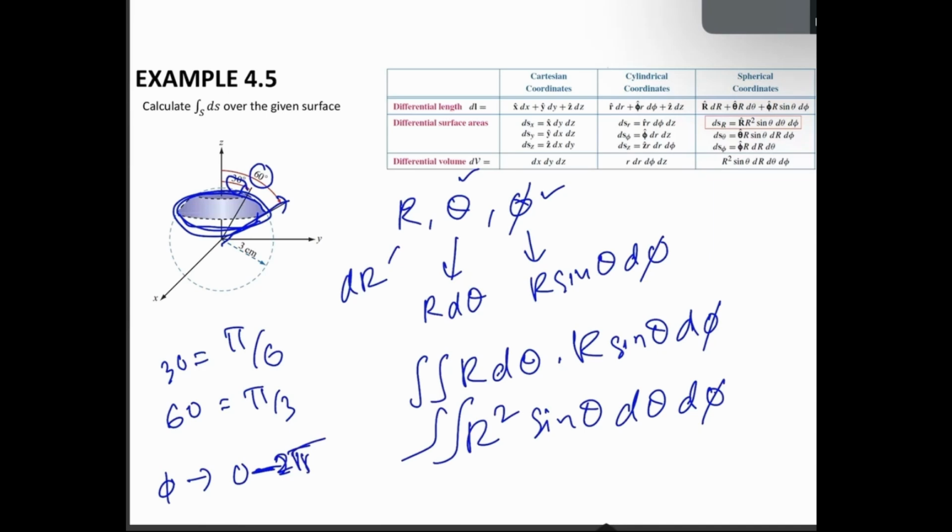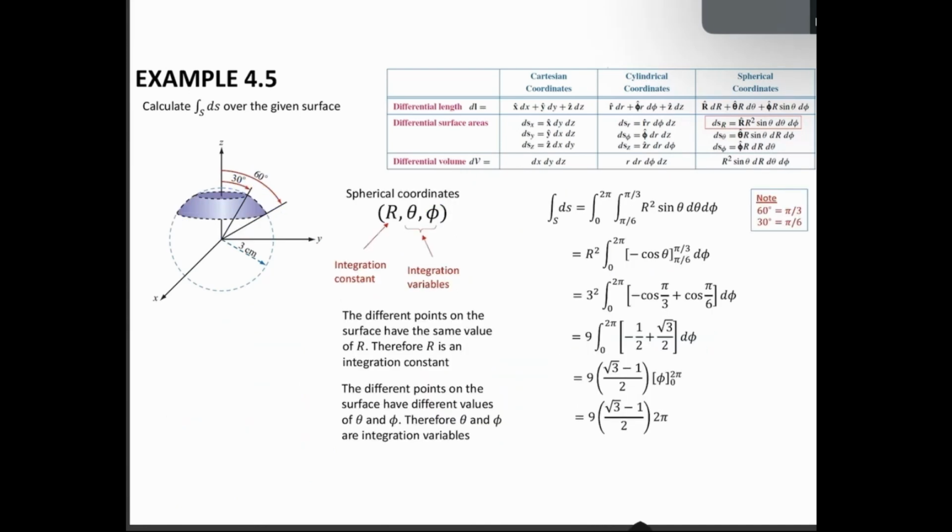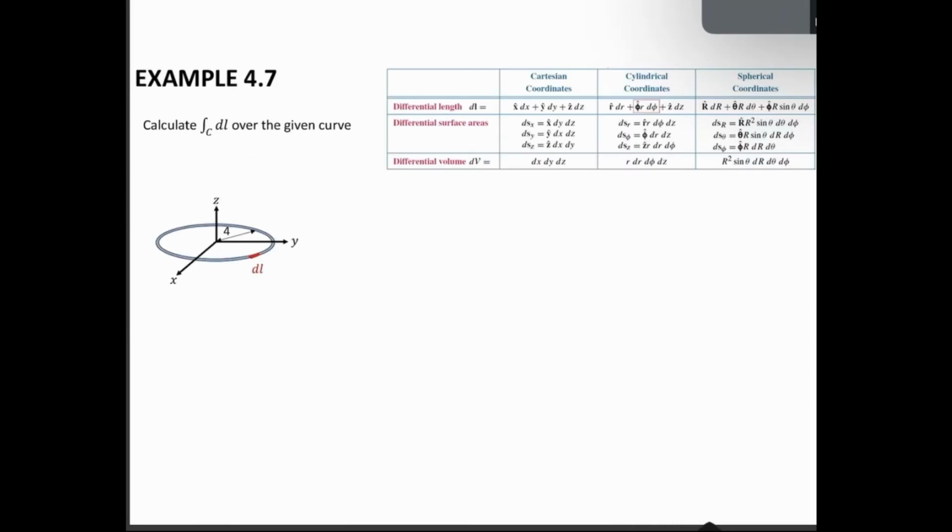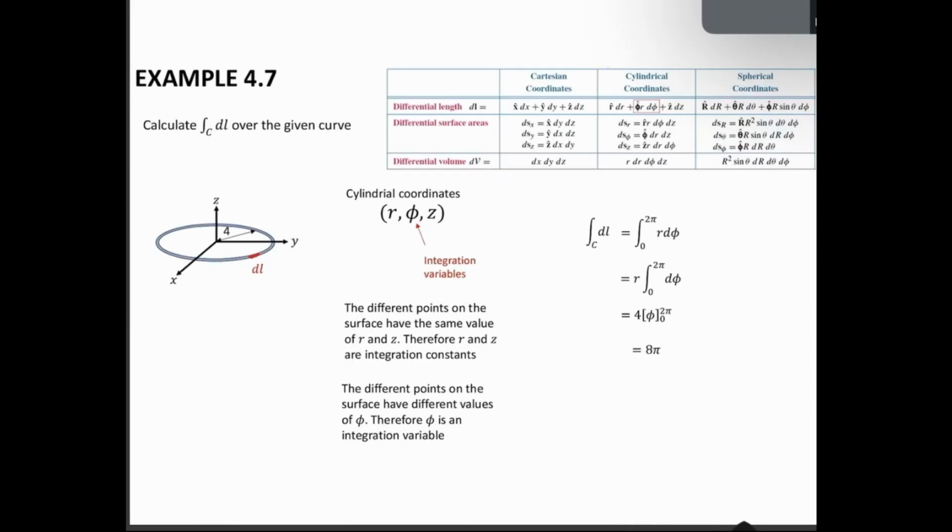So the range is pi over 6 to pi over 3, and 0 to 2 pi. Then you can continue like this. Okay, I think that's all for today's lecture. Any question?